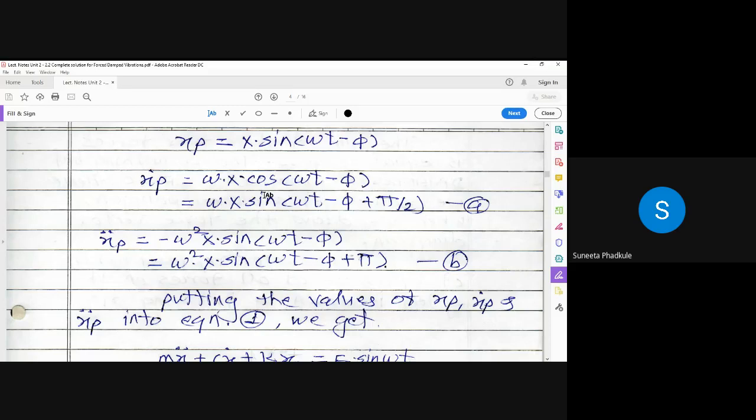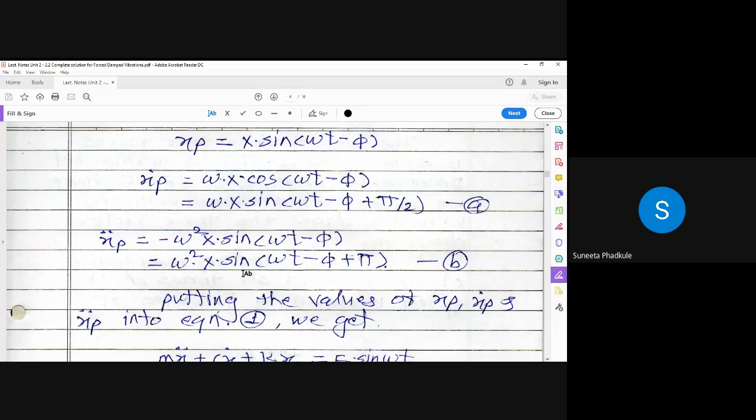So xp double dot is equal to, now the differentiation of cos is minus sine, so that's why the minus term is there. The differentiation of cos of omega t minus phi is sine of omega t minus phi, times omega. This omega has come, so it is minus omega square X sine of omega t minus phi.